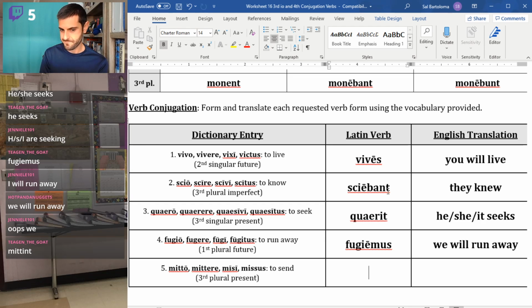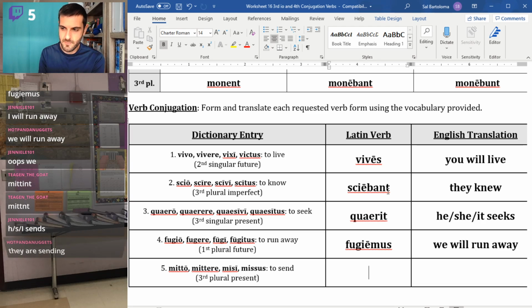Close. Very close. Romans weren't crazy on that NT sound. We gotta have some vowel in there.